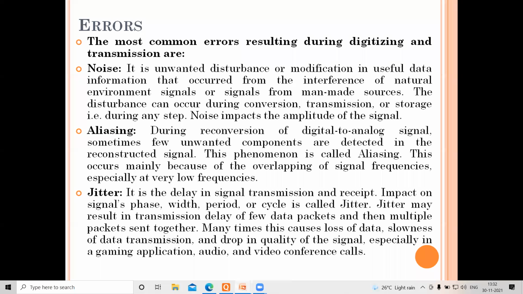This phenomenon is called aliasing. This occurs mainly because of overlapping of signal frequencies. Your higher frequency component will come down and sit on the lower, and your lower component can sit on the higher. That's the problem. The next error is jitter.